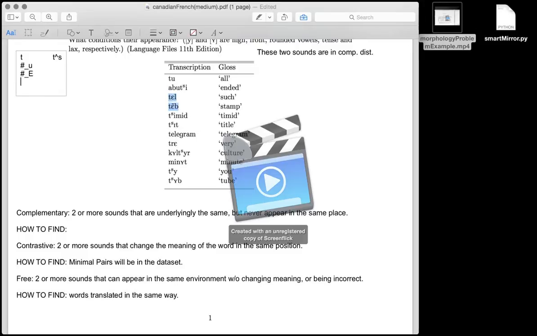Then we also have the same environment, except this one is nasalized. The nasalization won't actually be important, so I'm just going to get rid of it because it's a duplicate entry. Okay, next would be telegram. So we have ta in initial position again, so word boundary, where the ta occurs, and then the vowel that follows it, telegram, I believe.